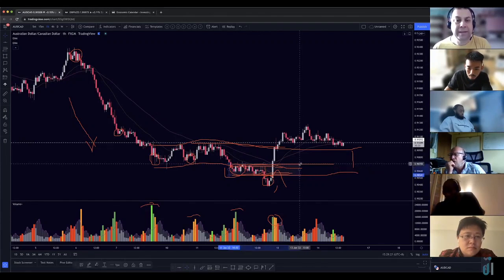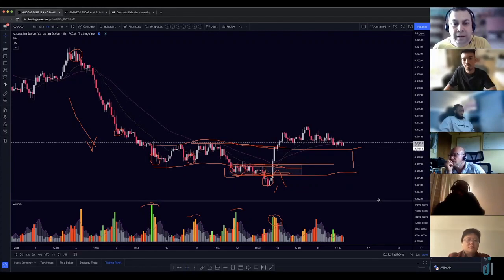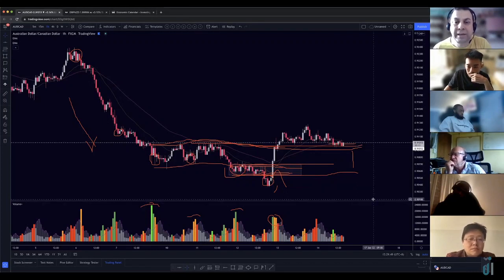So I expect here, what we can see here. Now this is, I don't know if it is still above the range or not. It seems to be inside the range now. It entered the range, but we should see what happens. Here I can expect either up or down.